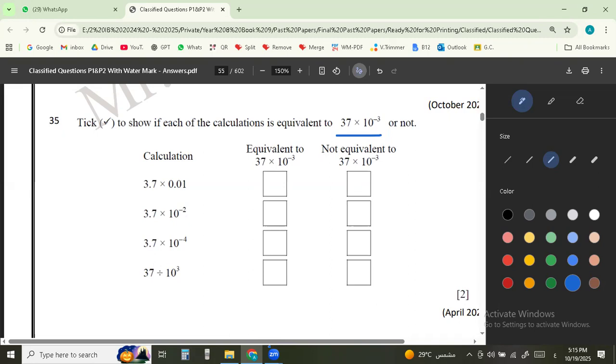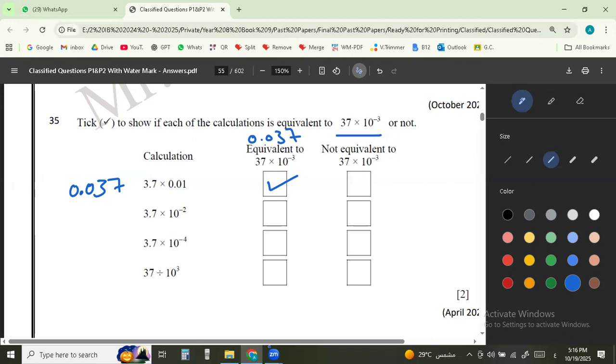Mister, this means 37 exactly multiplied by 1, which is 37, but I have 3 decimal places, so I need 3 decimal places. So 0.037. Well, is it the same as this? Yes, it must be, because equivalent to 37 times 10 to the power of -3 is actually 0.037 as well. So it is equivalent.